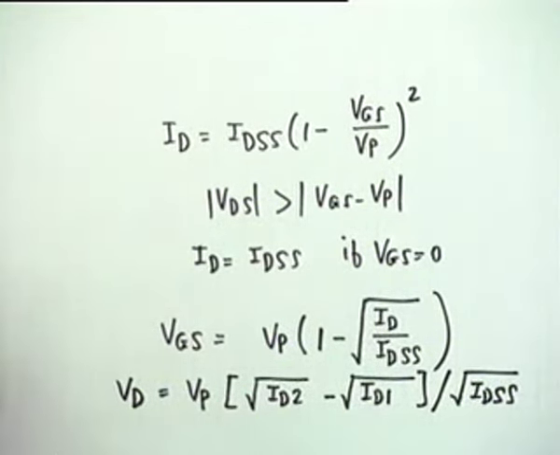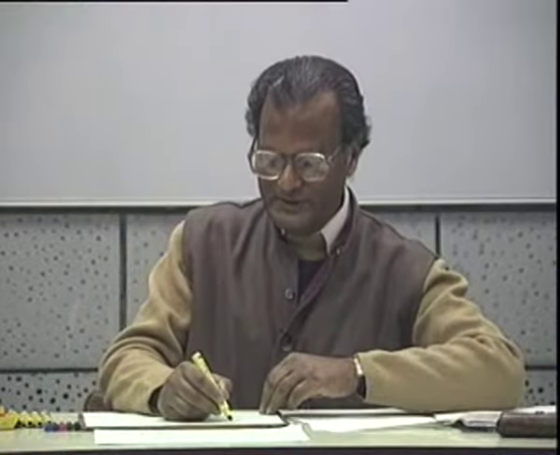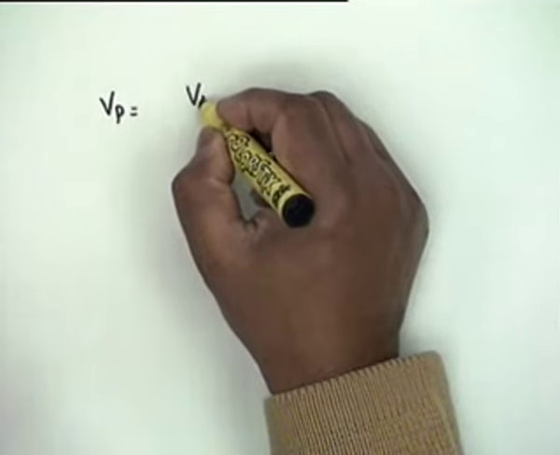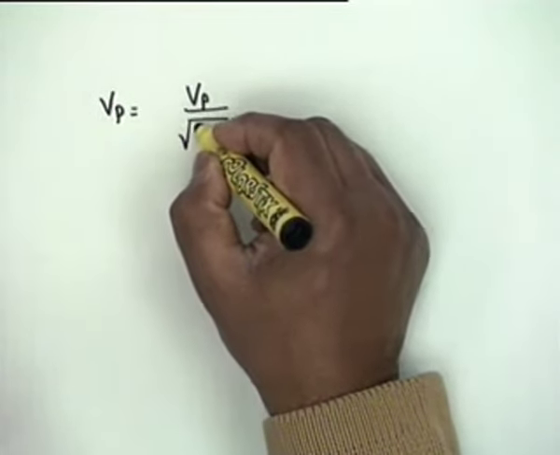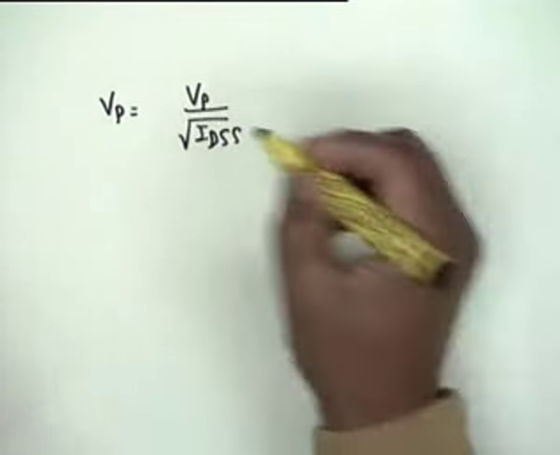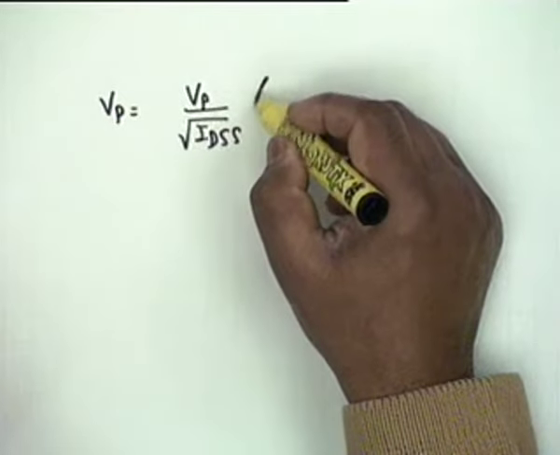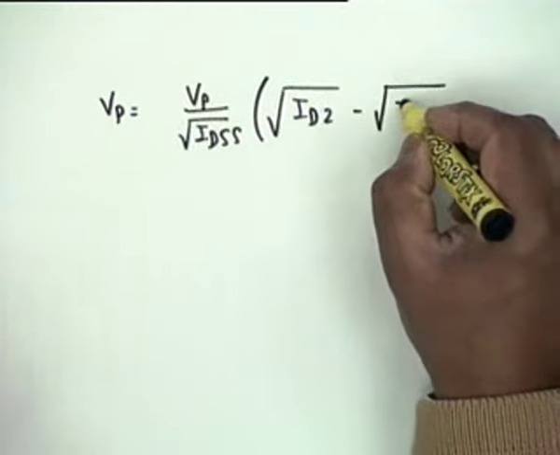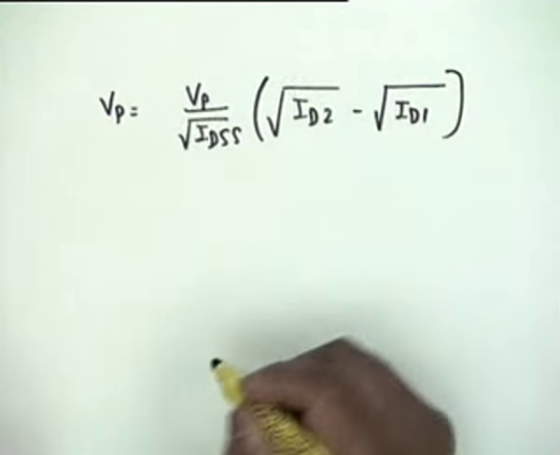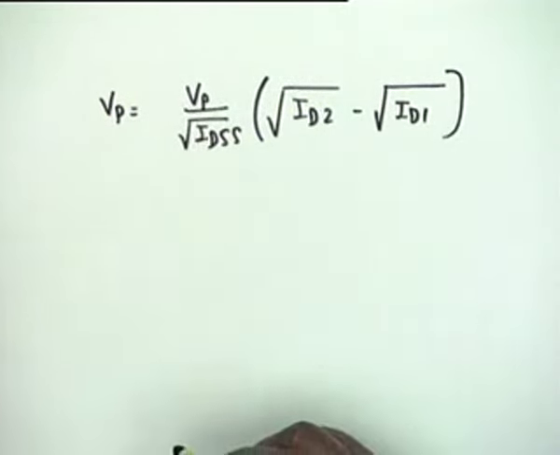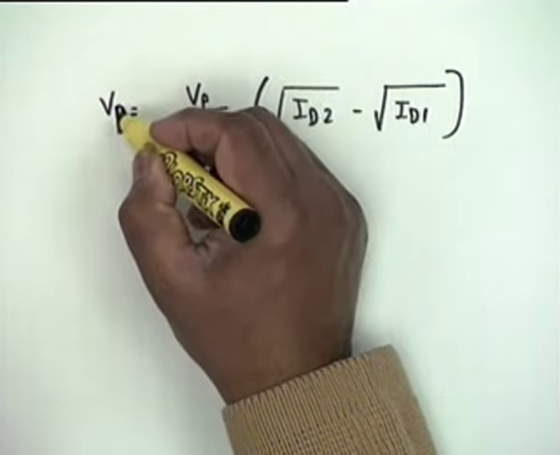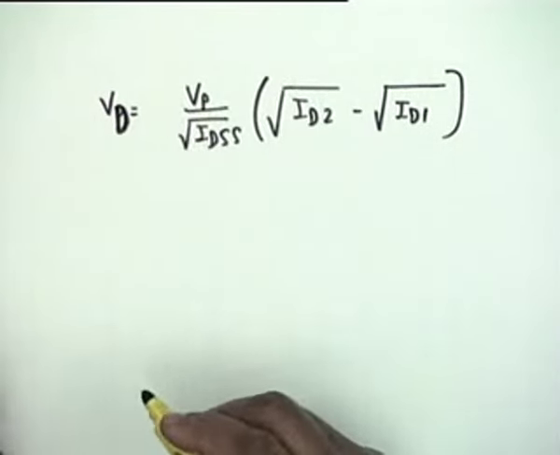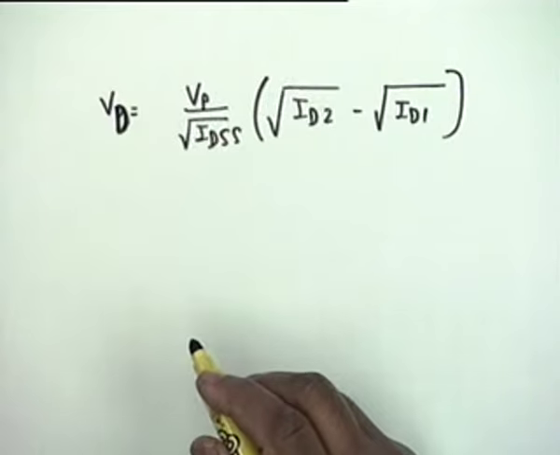Is this relation okay? Let me repeat this. V sub D equal to VP, multiplied by square root of ID2 minus square root of ID1, divided by square root of IDSS. This is an expression for VD, the input differential voltage.